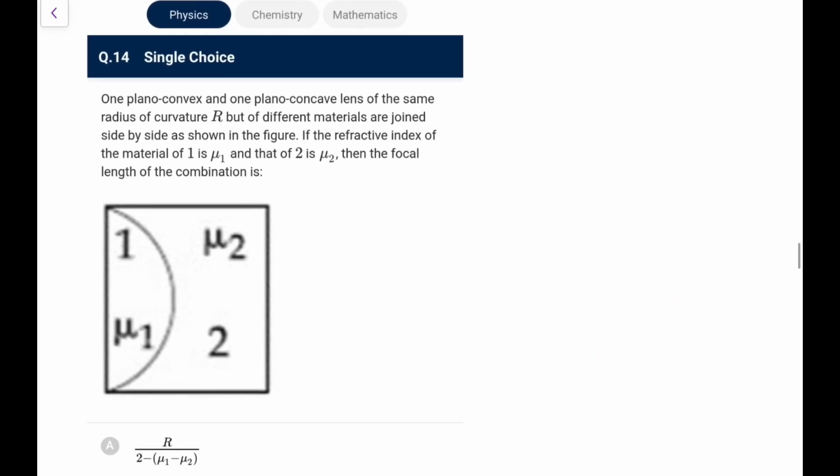So next, one plano-convex and one plano-concave lens of the same radius r but of different materials are joined side by side. If the refractive index of the first material is mu1 and that of the second is mu2, then what is the focal length of the combination? Because they are in touch, first of all, 1 upon f1 is (mu1 minus 1) into (1 upon infinity minus (minus 1 by r)), so minus minus becomes plus, that is (mu1 minus 1) by r.